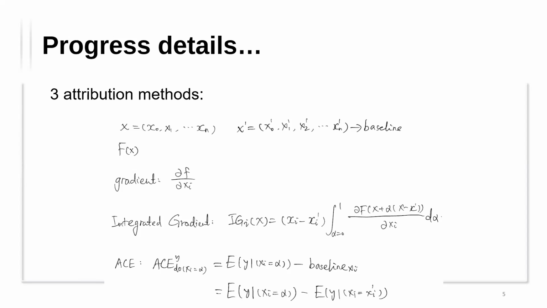You are talking about the baseline. How to choose baseline? You're talking about the baseline of both integrated gradients and ACE, right? Yeah, because both always need to find a baseline of an x prime or xi prime. So this xi prime is somehow equivalent to alpha.